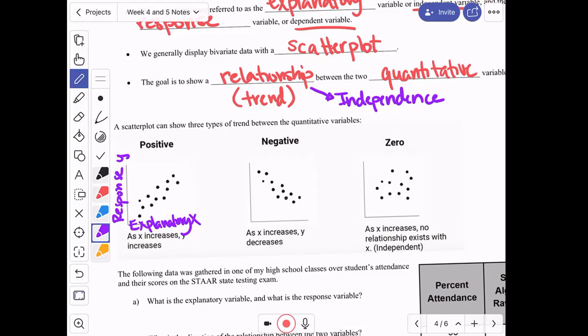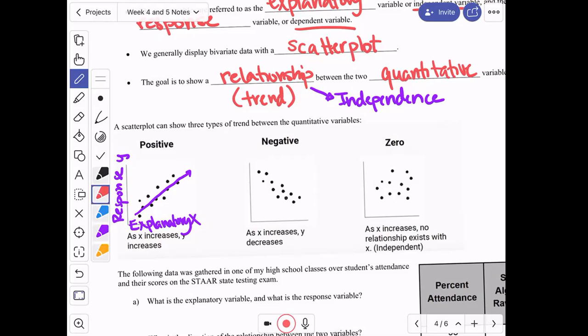As you increase x, y can also increase. When we talk about trend, we look at lines because lines are constant. So the general trend says as x increases, y is also increasing. That's a general trend.